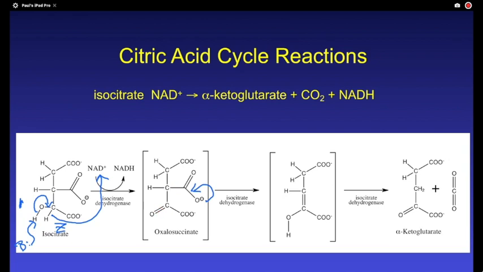Because I have this ketone now, I do have something else to work. See a double bond here and an alcohol? Once this pair of electrons falls in, that pair of electrons has to go somewhere. It's going to go there to form the double bond, which then allows this to pick up a proton.